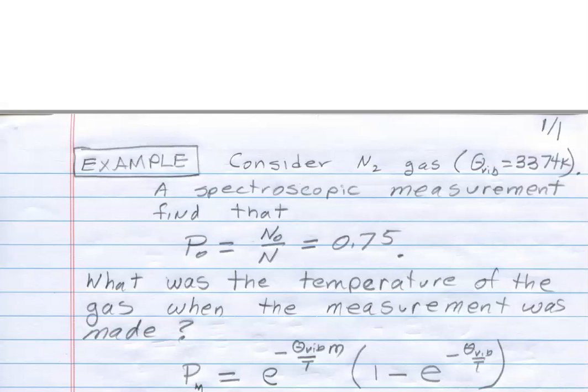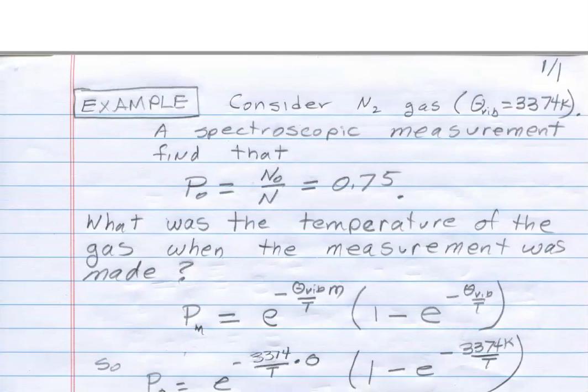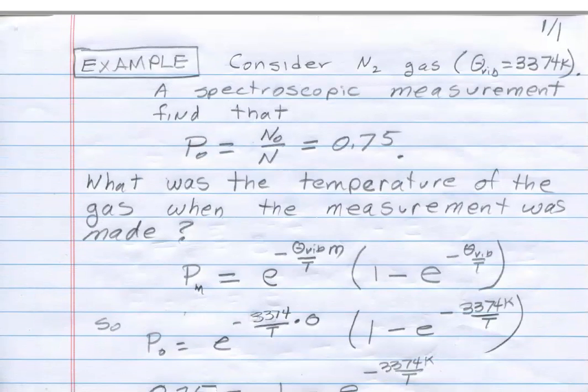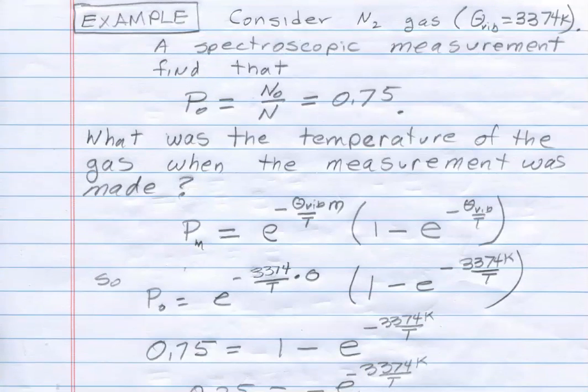So, as we saw earlier, the probability that you're in the mode M is given by this expression. And now it's a little bit different in that I evaluate this for the ground state, P0, and that's 0.75, 3/4.